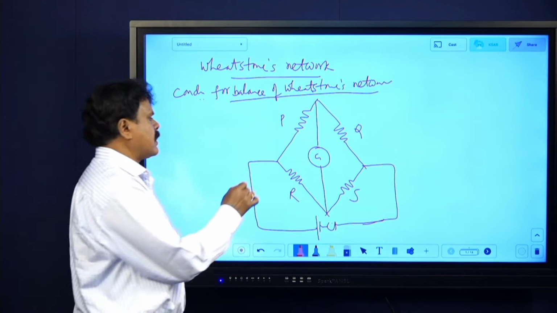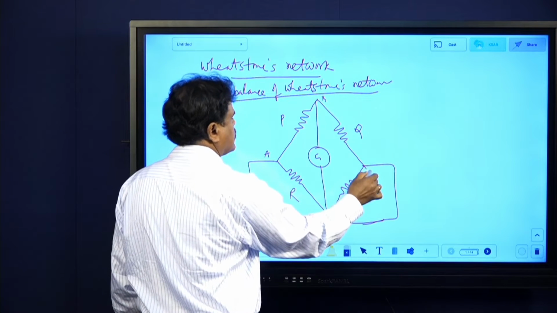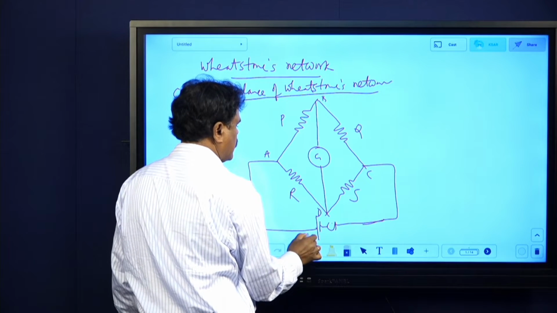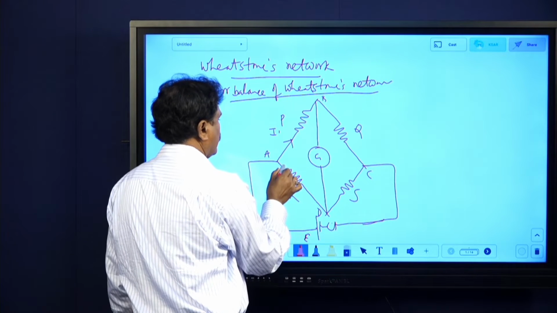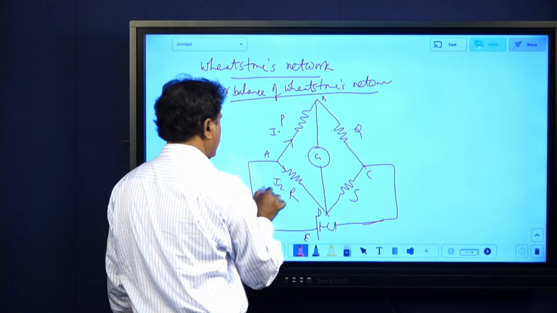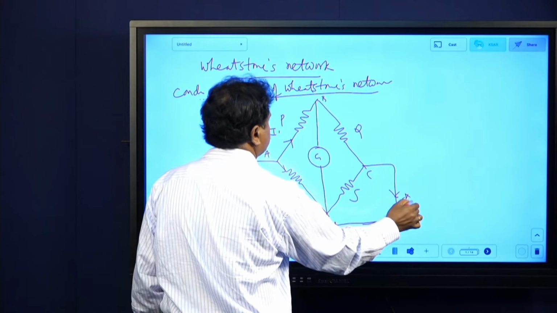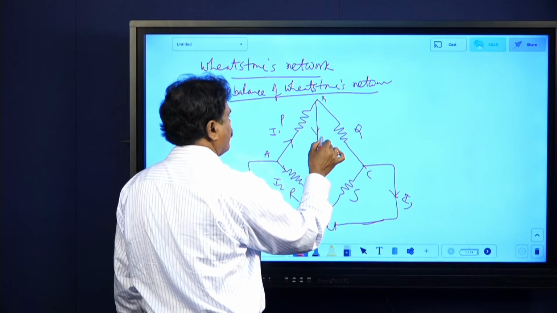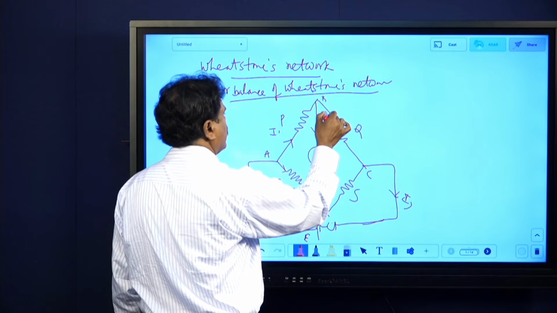A Wheatstone's network consisting of what? 4 resistances, A, B, C, D, and if you want, call this E. Here take the current as I1, here the current as I2. This is I, and here however it will come out. Here I5 or IG you can call the current flowing through the galvanometer.